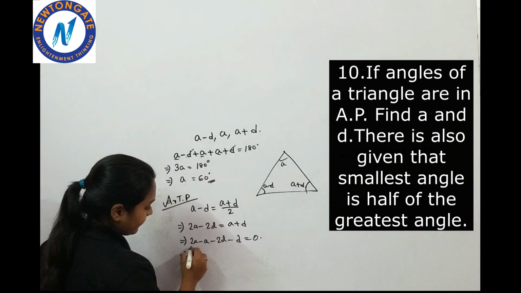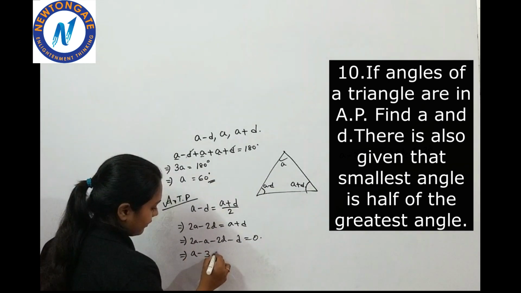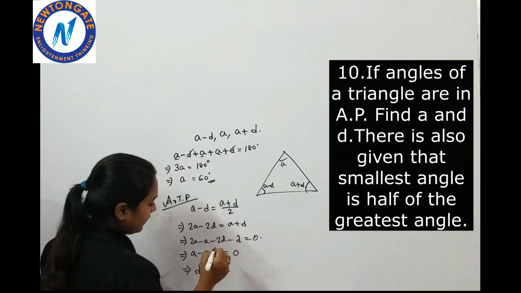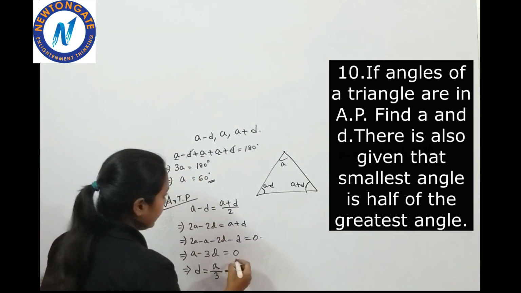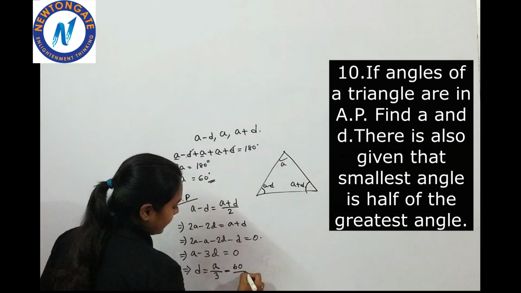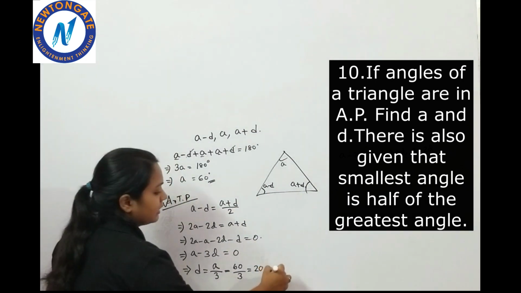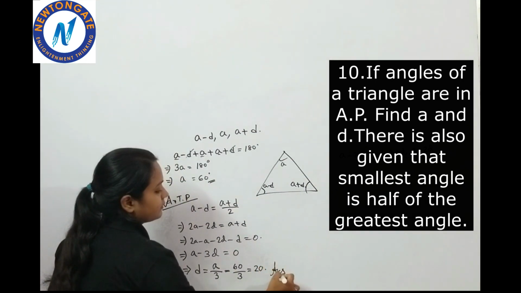That gives A minus 3D equals 0. And here D equals A by 3. Right? And here we put the value of A, 60 by 3 equals 20. And that is our answer.